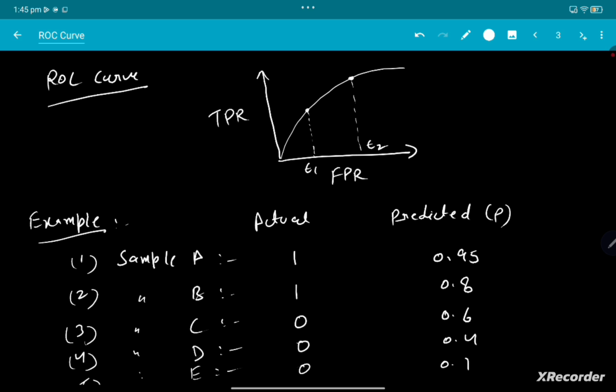Now let us change the threshold step by step. First take the threshold to be equal to 1. Since no probability is greater than or equal to 1, all samples are predicted as negative.